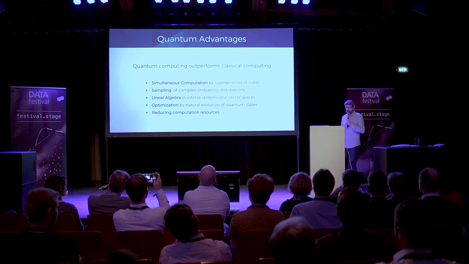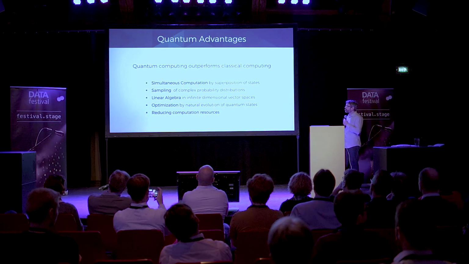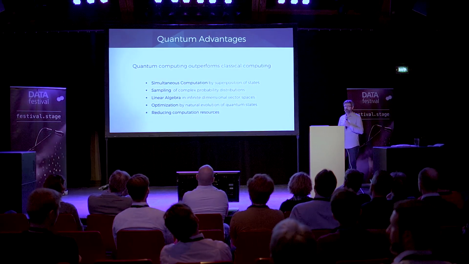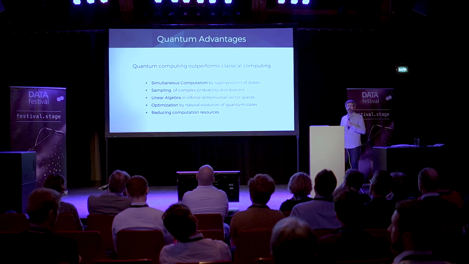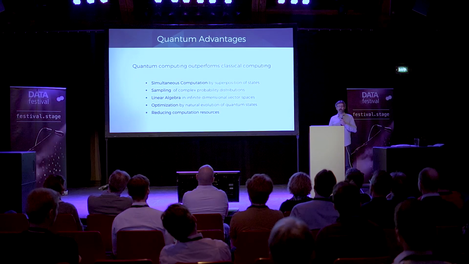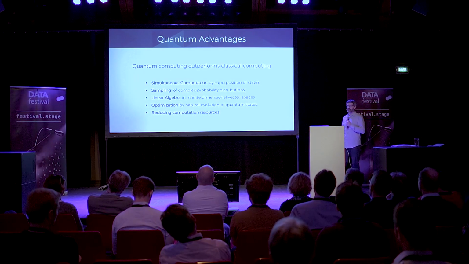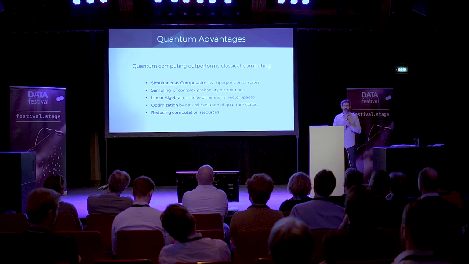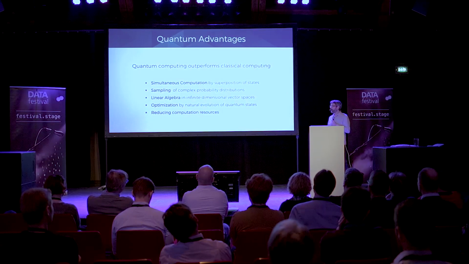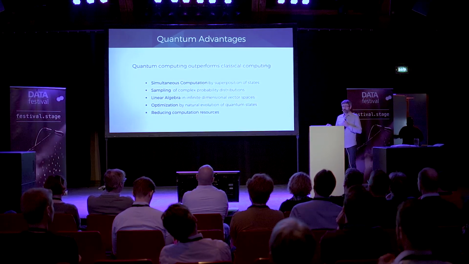And last but not least, due to the probabilistic properties of quantum mechanics, it's also very effective at sampling probability distributions. So, for all the machine learning experts here, you might already see that there is a large benefit, especially in the field of machine learning, because all the machine learning algorithms that we're using today are pretty much linear, or working with linear algebra.